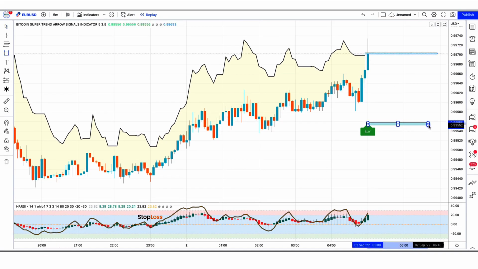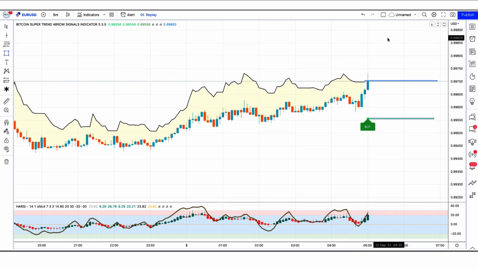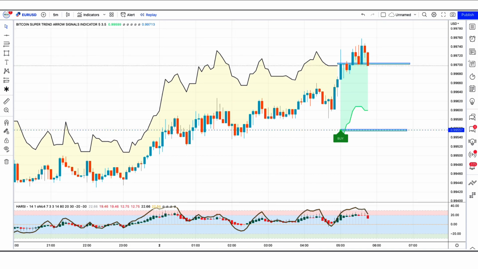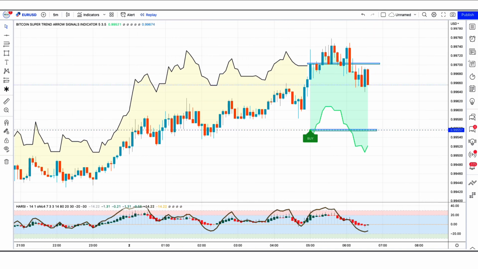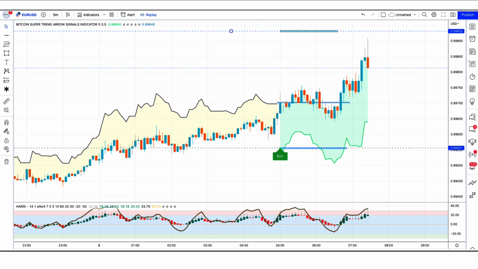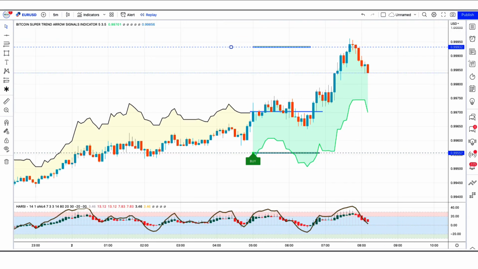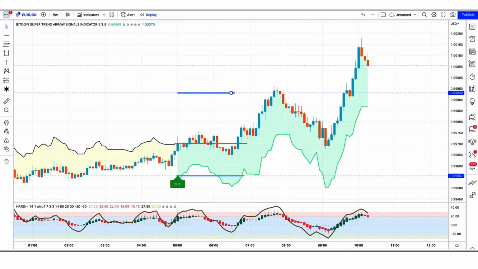Our stop loss will be placed at the Super Trend Arrow Signals line, and the risk to reward ratio will be 1:2. The market has completely hit the target. I hope you must have understood this trading strategy.